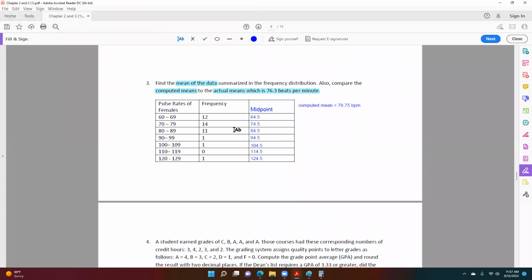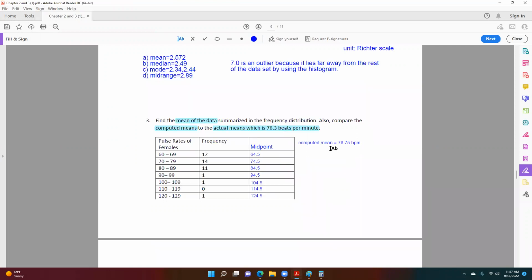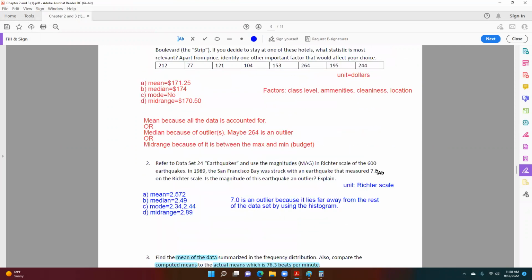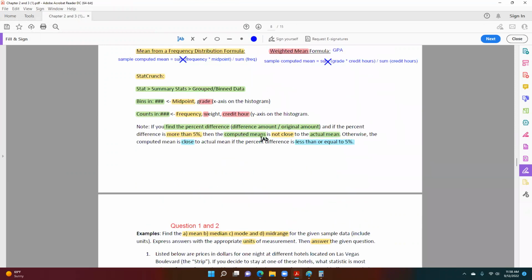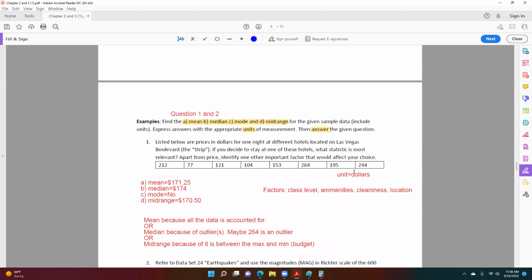Now the question also asks, compare this computed mean with the actual mean, 76.3. Are they close or are they not close? In order for us to figure out if they're close or not, you have to find the percent difference. The formula is you take the difference amount over the original amount.